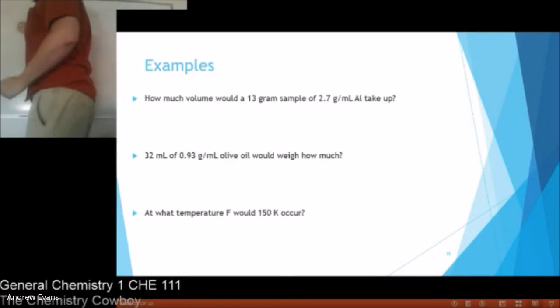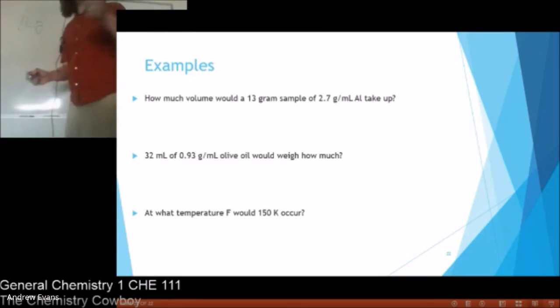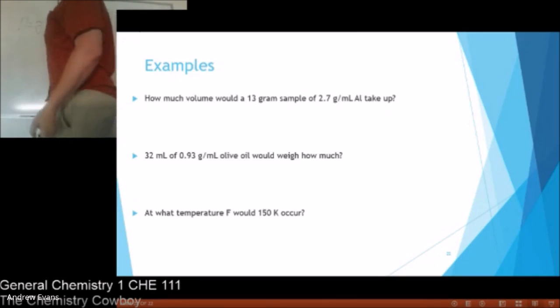Density is mass divided by volume. How would you solve for volume? Well, you would multiply both sides by volume, divide both sides by density. So you say volume equals mass divided by density.